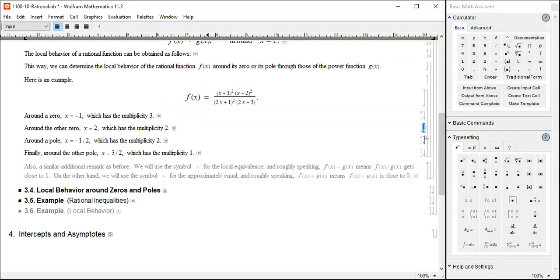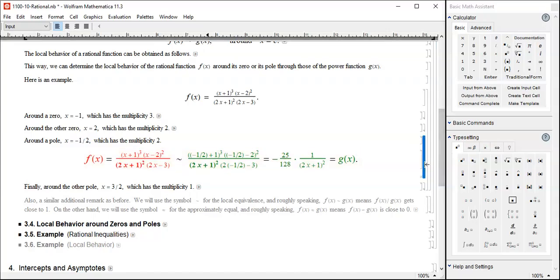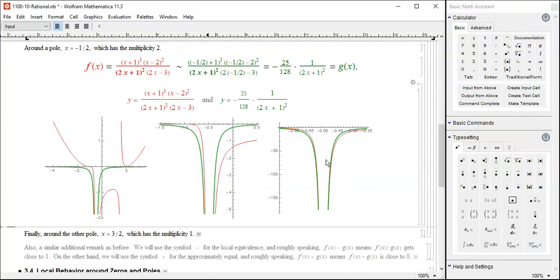How about the pole? Okay, go to the denominator and then get this one. Keep this. Keep this. To everything else, plug in x equals negative 1/2. Calculate, we get this constant times this power function. It's a second power function, so it's a drag going to the same direction. Same negative infinity in this case, because negative times this.